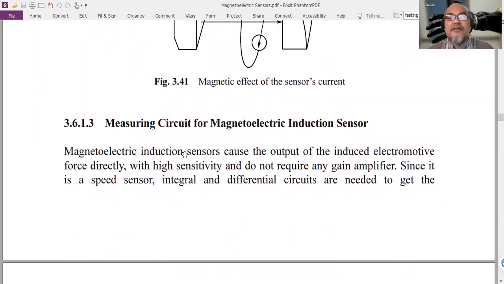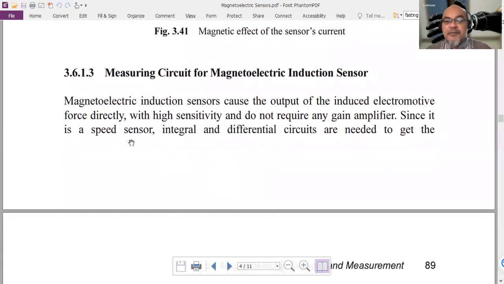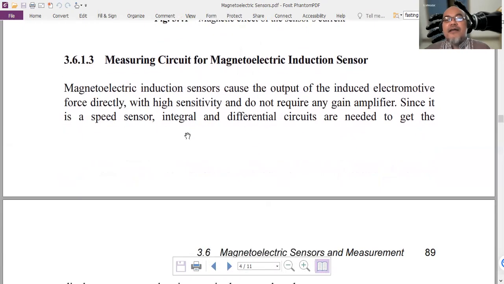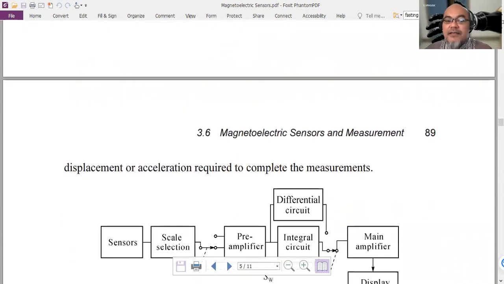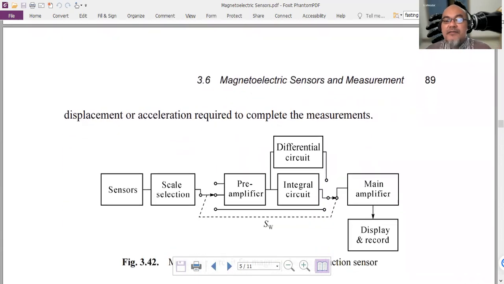The induction sensor will also output the induced electromotive force with high sensitivity, and therefore does not require any gain amplifier at the output because it is already a voltage. So it can be used as a speed sensor, and an integral or differential circuit can be used to get location, for example, or with differentiation we can get acceleration. Displacement or acceleration can be obtained.